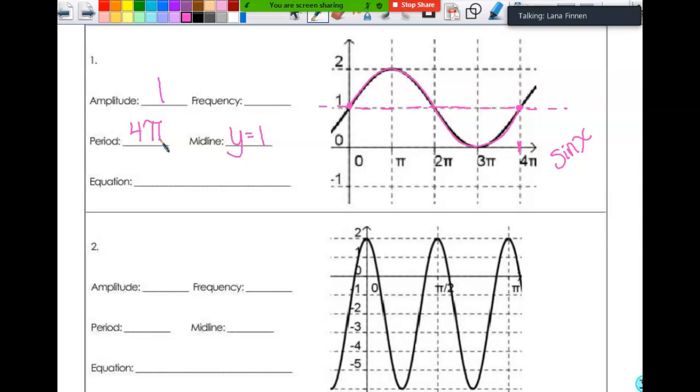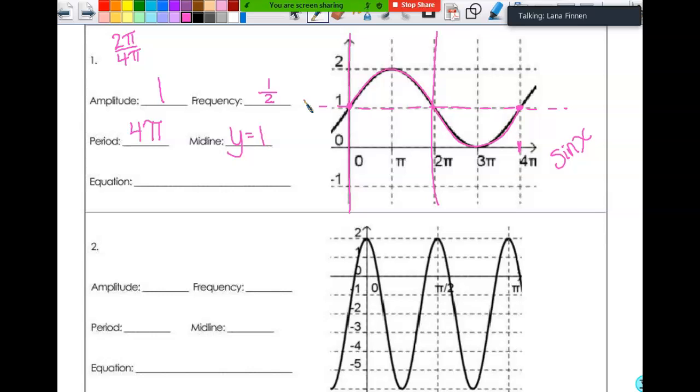If I do it from the period, it's 2 pi divided by the period, which would give me a 1/2 here. Or I can look at how many cycles I get through in 2 pi units. So there's 2 pi, and notice I only get through half of a cycle. That's another way we can come up with the 1/2. Either graphically or algebraically, it doesn't matter, okay?